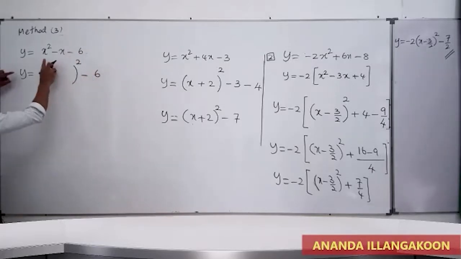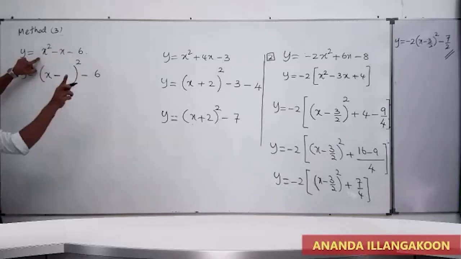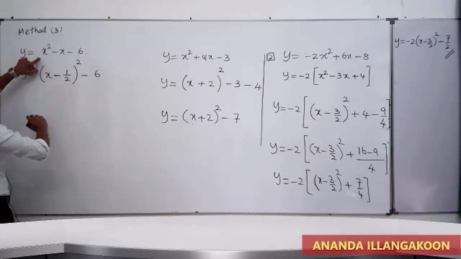Now, from the square, we write only x. People, what is the x coefficient here? Minus 1, no? We'll put the minus sign here. Here 1, no? Minus 1x. Coefficient of x is minus 1. That 1 should be divided by 2, which gives 1/2 like this.